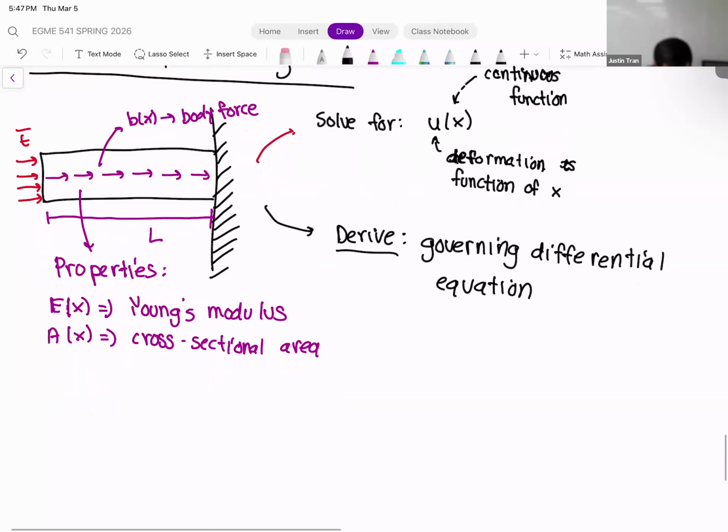The way we're going to start this is we're going to cut out a sliver of this bar, and then we are going to perform a force balance.